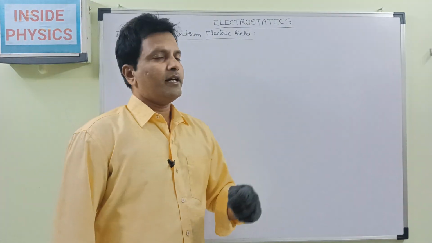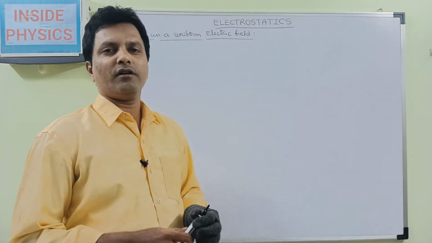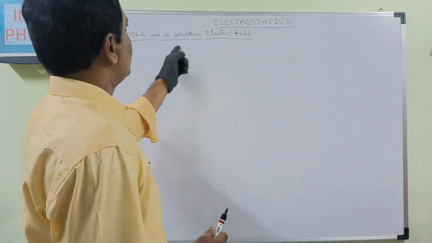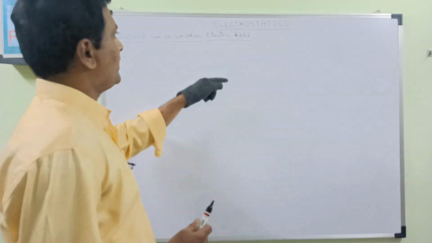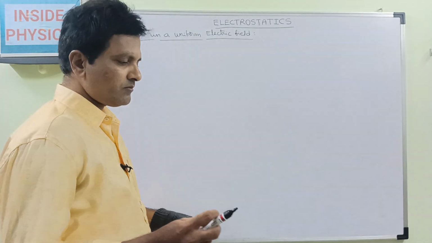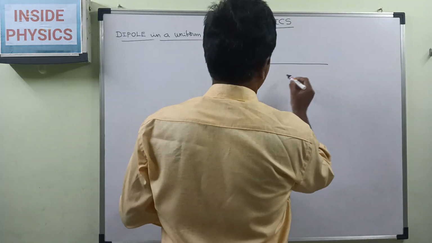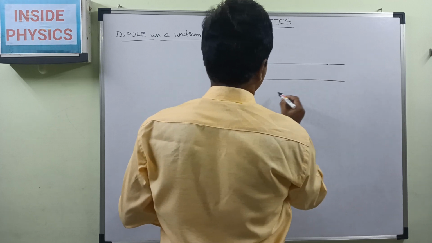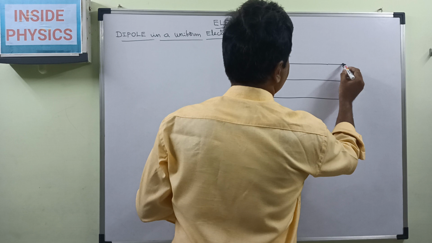Now, what happens if a dipole is placed in a uniform electric field? That is what we are going to see in today's class: a dipole in a uniform electric field. Suppose we consider a uniform electric field in this direction.